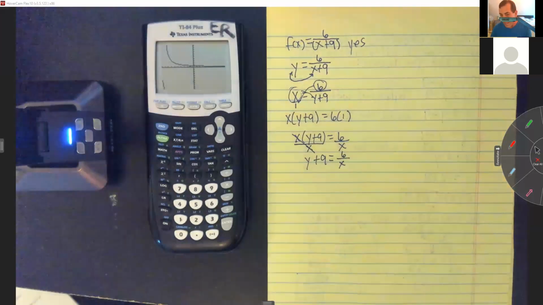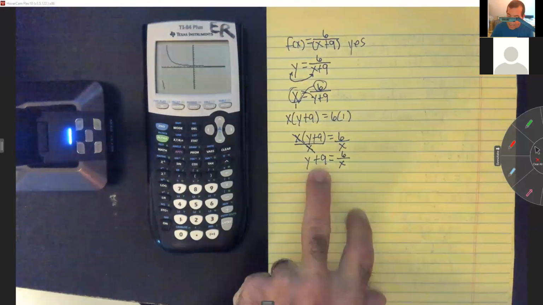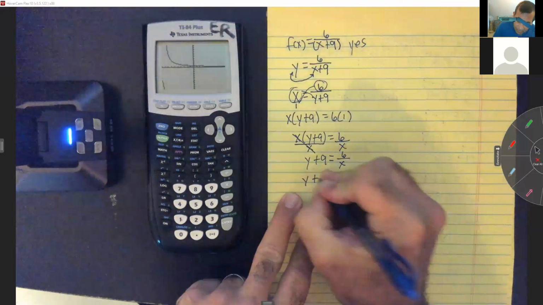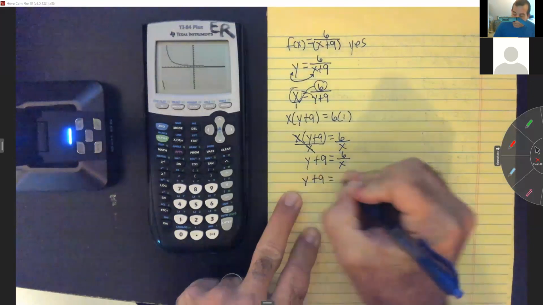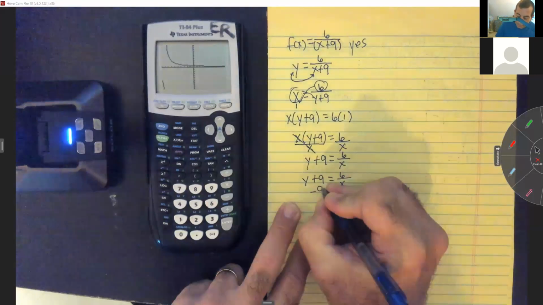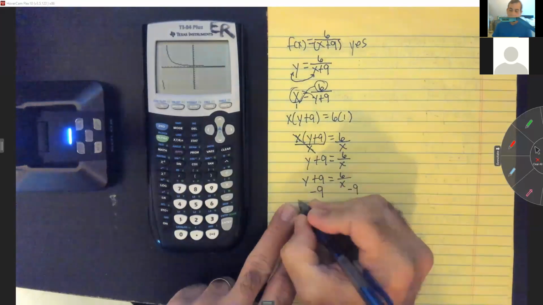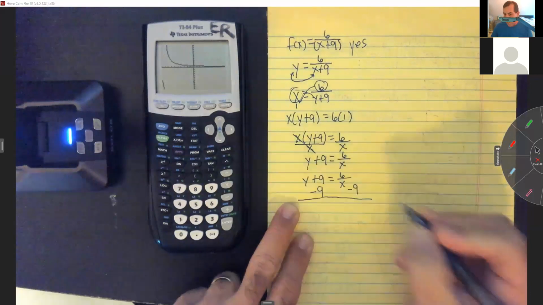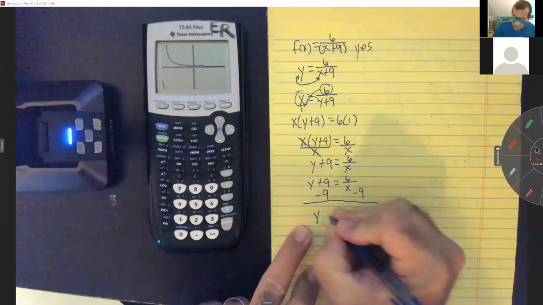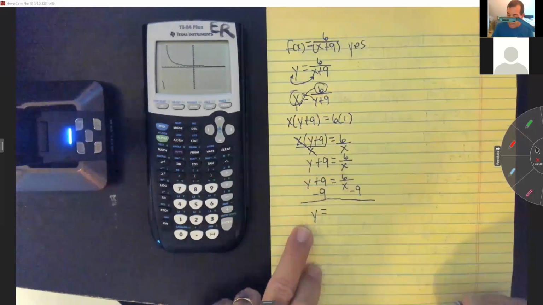Now we've got to get y by itself, so since the 9's being added, we need to come on both sides and subtract 9. After subtracting 9, these 9's cancel, and I've got my y like I wanted. Over here, we've got 6 divided by x minus 9.